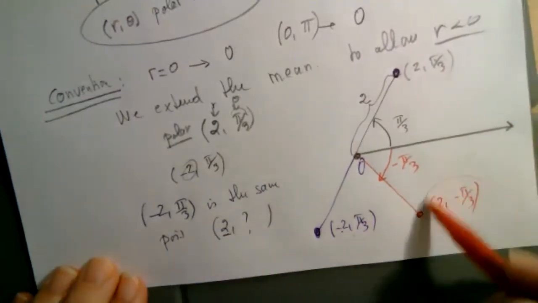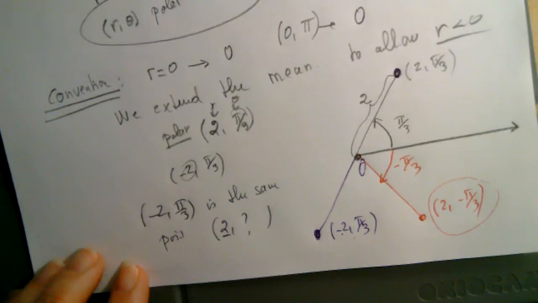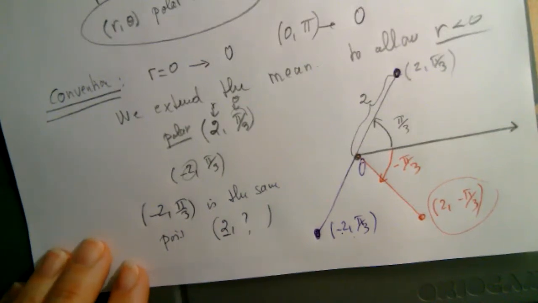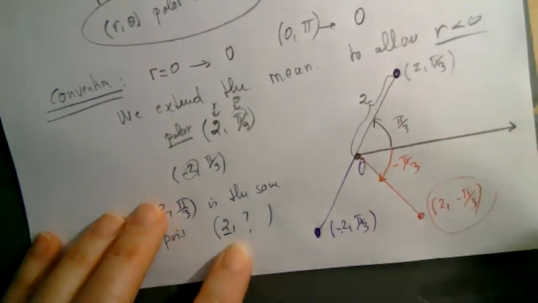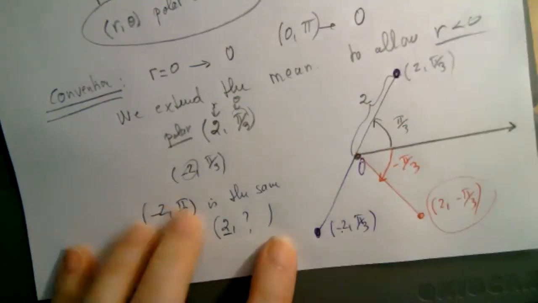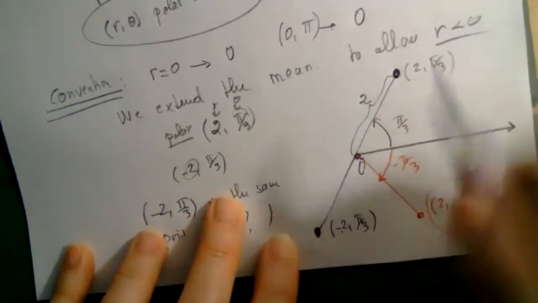So this will not do. Somebody else is telling me (2, 2 pi over 3). Is that right? I don't know where she got the 2 pi over 3 from. So let us see what (2, 2 pi over 3) is. I'm going to draw everything you tell me until you figure out what I'm talking about.